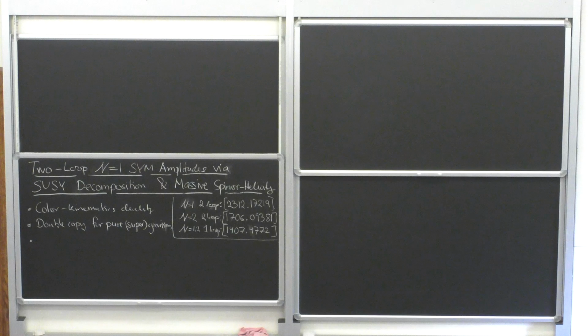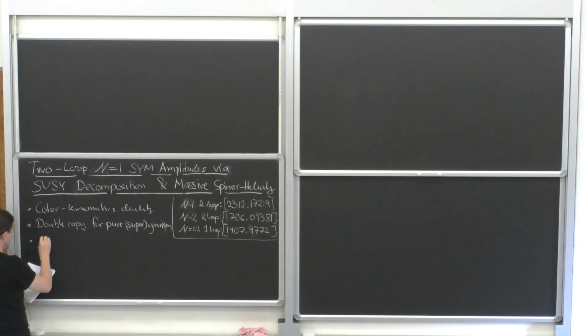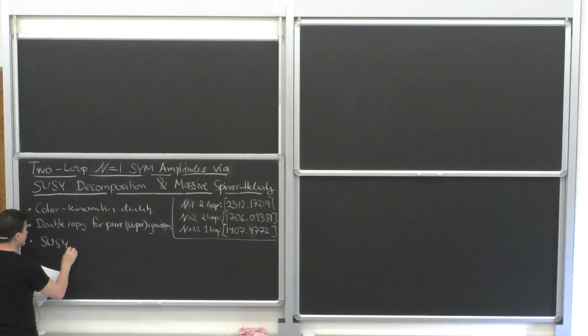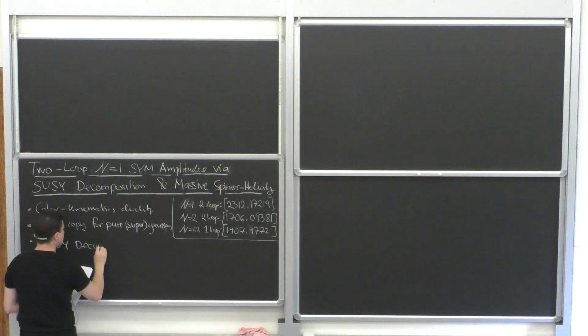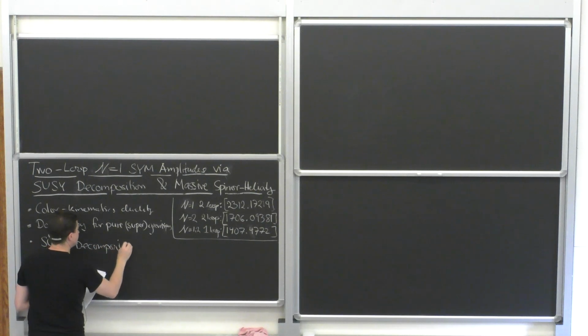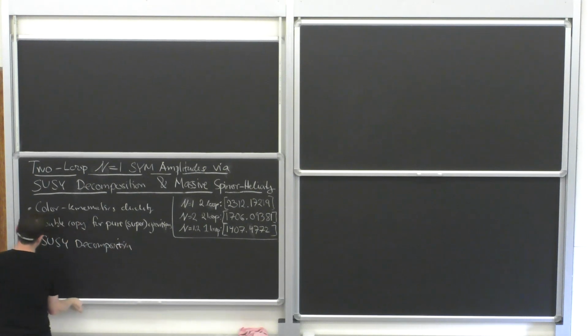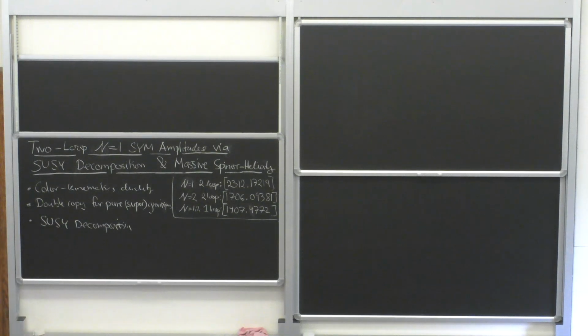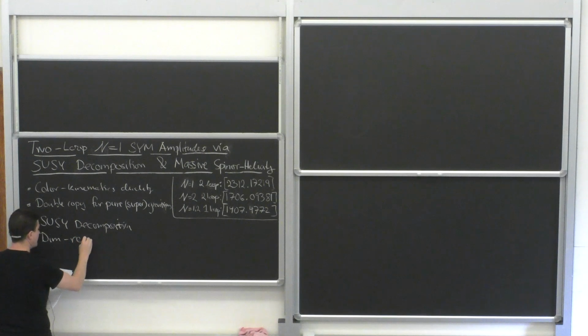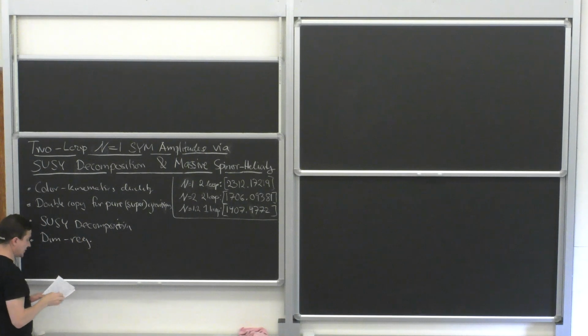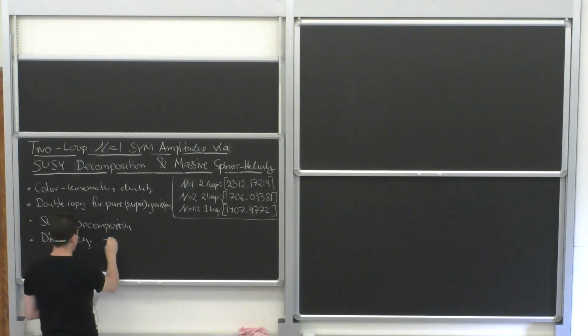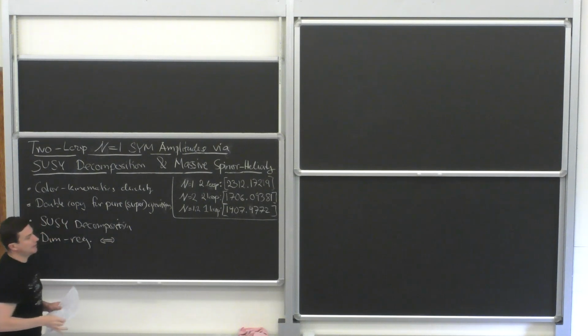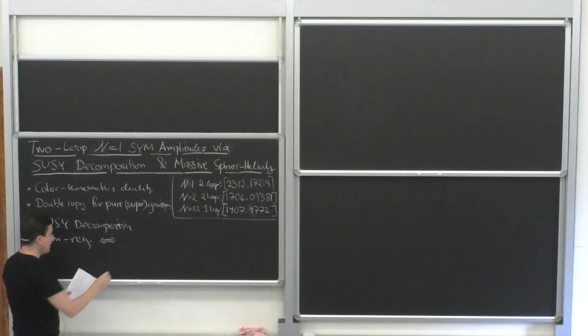A third topic that I'm going to talk about today is SUSY decomposition, which I will get to exactly what that entails, especially at higher loops. I will also talk about dim-reg, which is a tricky topic in the context of N=1 super Yang-Mills. Specifically, the aspect I'm going to talk about is mu terms.